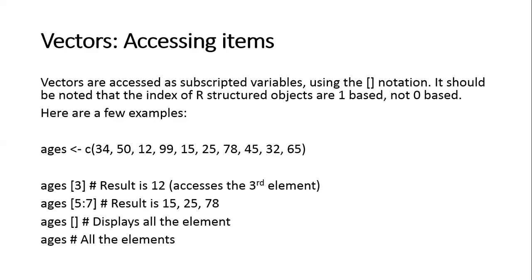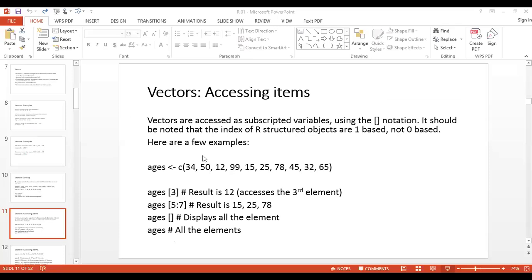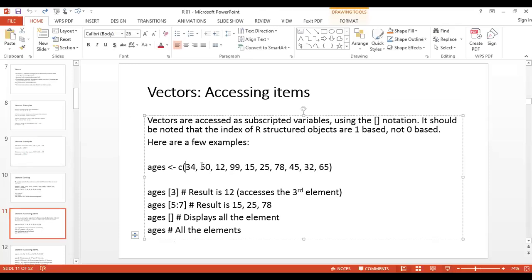Now, saying that R structured objects are one based, what that means is in R, if you create a vector like this, for instance, these items are given what they call indexes, index numbers, or subscript numbers. This first one is assigned number 1. This is number 2, number 3, number 4, 5, 6. That's why I say it is one based. It means it starts from 1.